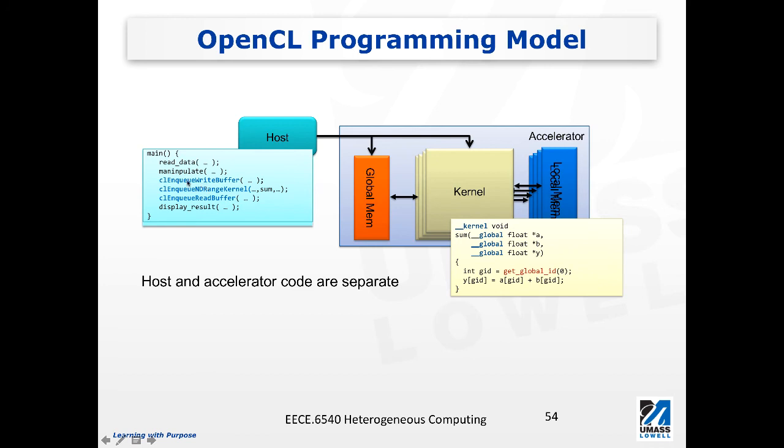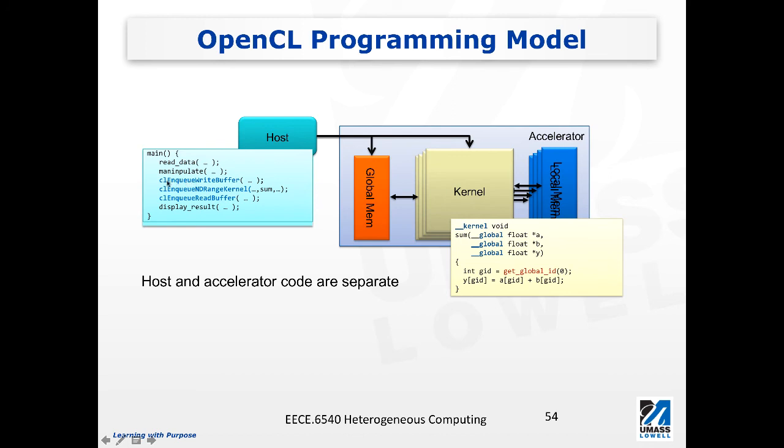On the host, the main program prepares the data for input and for output. It typically does buffer allocations. Also, it handles the OpenCL context, and those OpenCL buffer operations.